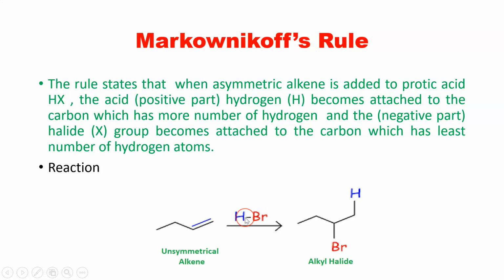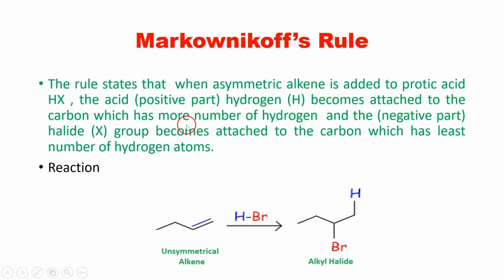Because bromine is electronegative, the electrons flow towards bromine when the bond breaks, and that forms an electron deficient hydrogen, so it is a positive part.